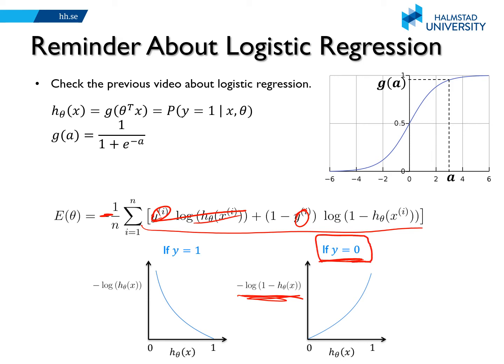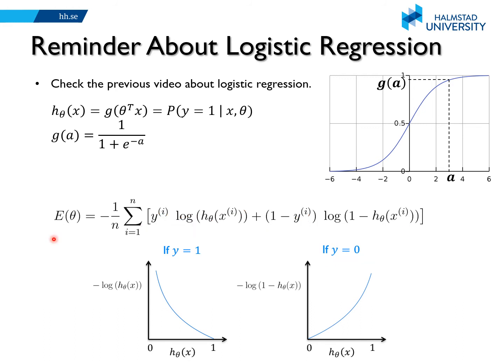And if you predict something closer to 1, then this cost will be high because we predicted something completely different from the true output. And if you predict something closer to 0, then this cost will be low because our prediction is close to the truth. So again, please check the previous video to see how to minimize this cost function and train our linear classifier, that is finding the best parameters theta.